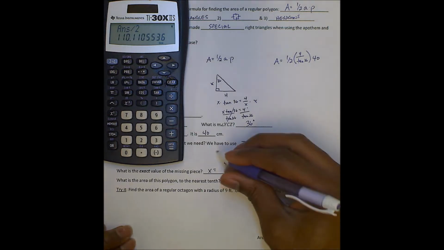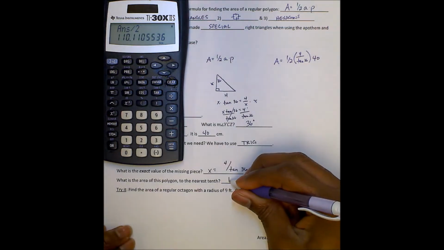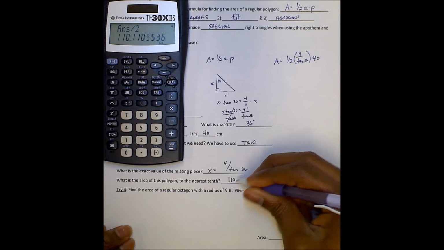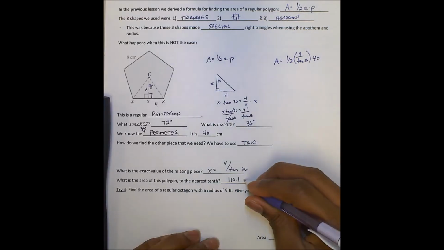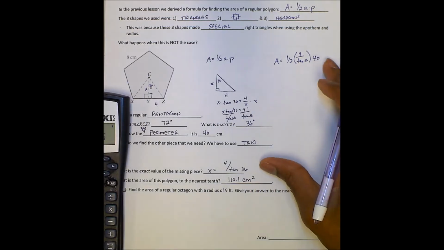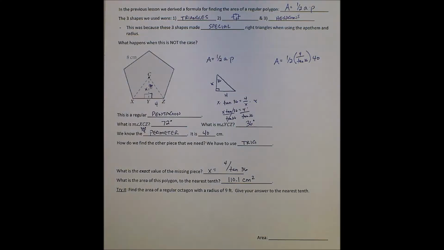And so then my final answer is 110.1. What was that figure? Centimeters squared. Okay. The bigger your numbers are, the more rounding incorrectly or rounding at all really will affect your answer. So when possible, we want to use our exact value to get to our final answer.